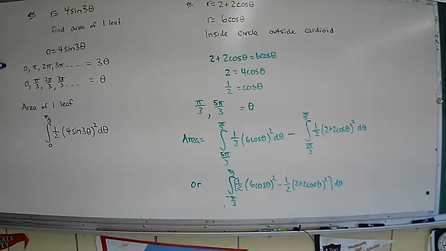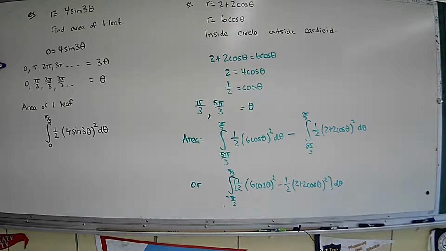So there are multiple ways that you can get these angles. In fact, when I worked this out this morning, I actually did it a totally different way. I didn't even think to try those bounds of 5 pi over 3 and 7 pi over 3 on the circle.